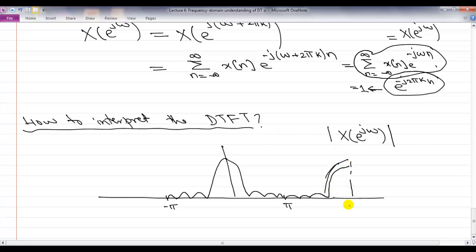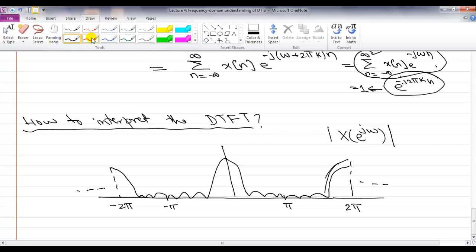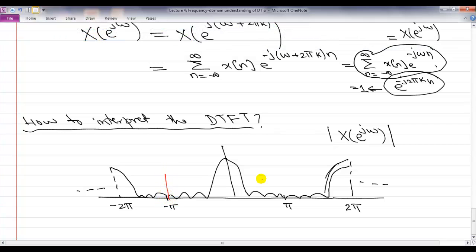This will be 2 pi, and similarly here, and it will keep going. But we will focus only on the region between minus pi and pi, because if we understand this region, we understand all the frequencies.